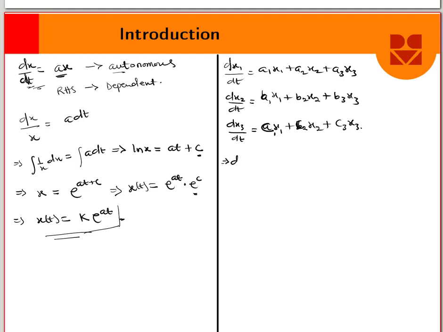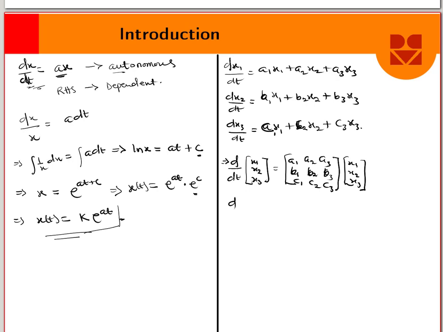So in implementing that here, we have d/dt of a certain column matrix x1 x2 x3 equal to our coefficient matrix, with rows a1 a2 a3, b1 b2 b3, and c1 c2 c3, multiplied by the column x1 x2 x3. Now we can represent this column matrix by a certain vector x.